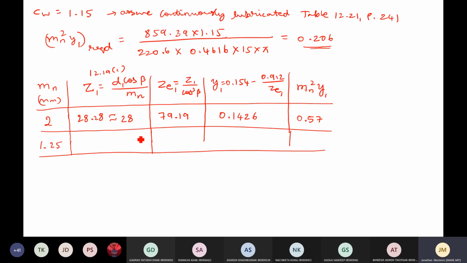When 1.25 is given, then Z1 will be around 45.25. Let us say we take 45. Again, the lower end.